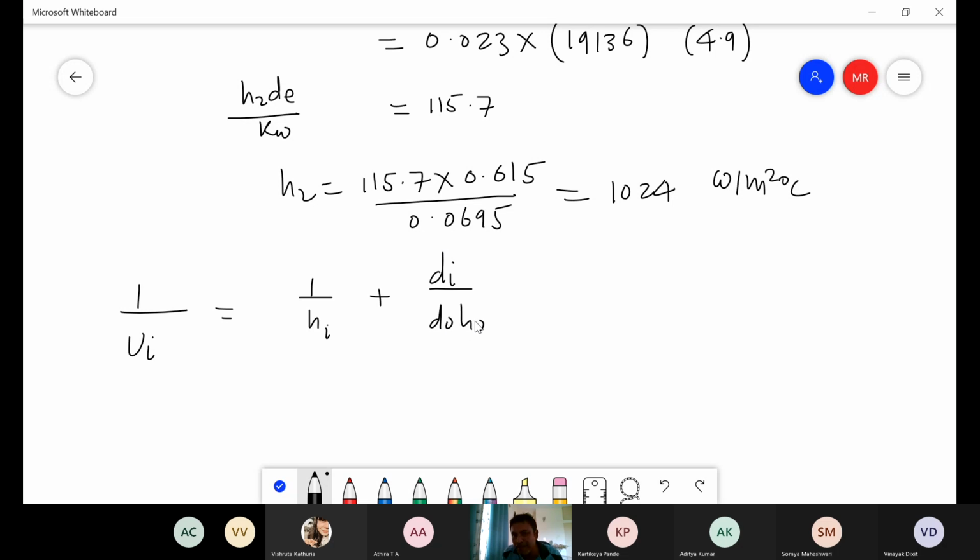The resistance offered by the metal wall we are neglecting. So this can be 1 by hi, as the mercury is flowing inside. So that is 7112.3, isn't it? Di by Do, what is it? Internal diameter. In this case it is going to be what?